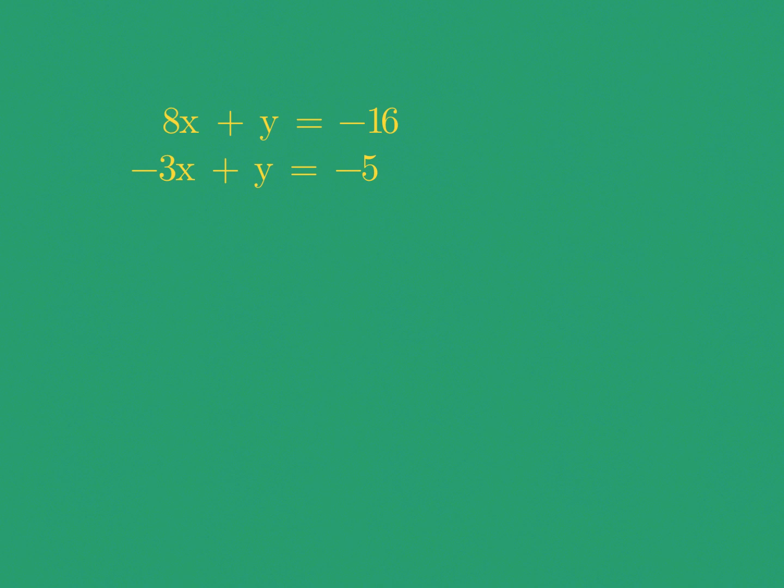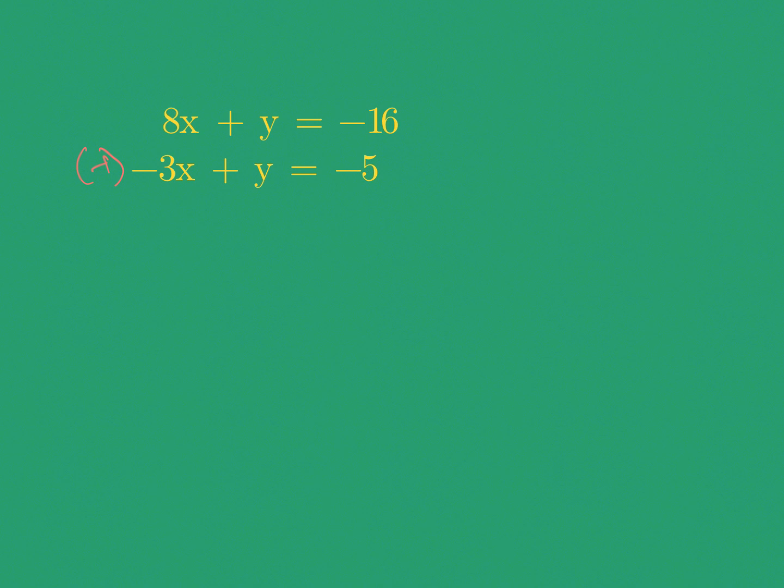So, here's what we're going to do. And you can do it to either equation. Okay? And here's the thing. Listen carefully. You can do anything you want to an equation as long as you do it to everything in the equation. So, here's what I'm going to do. I'm going to multiply the bottom equation all the way through by negative 1.